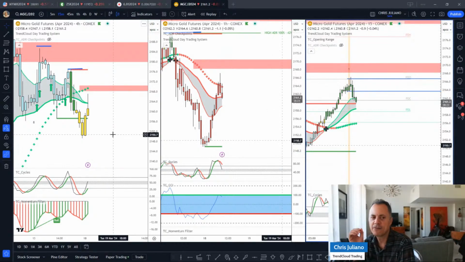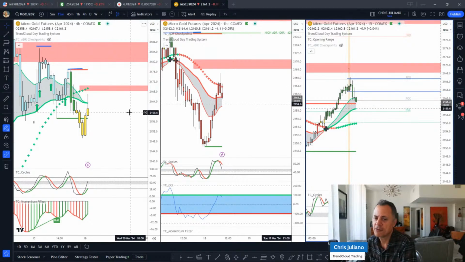So I love how the color system allows you to see the timing more clearly, right? Because with timing, you want to get as close as possible. And what do you want lined up? Trend and momentum, right? We want trend and momentum lined up together.